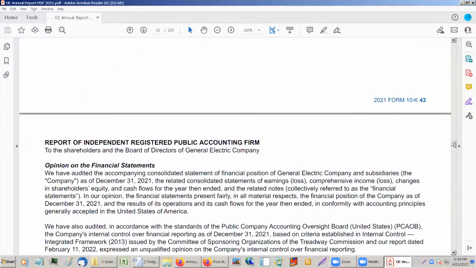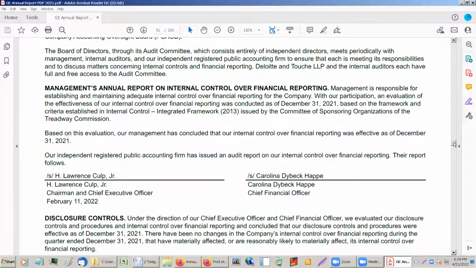Now, one of the things that we're going to talk about in the audit report, and the reason I'm getting at this, is that later on we'll come up with what you do if information in the annual report doesn't match up with the financial statements. What happens if there's a mismatch between them?